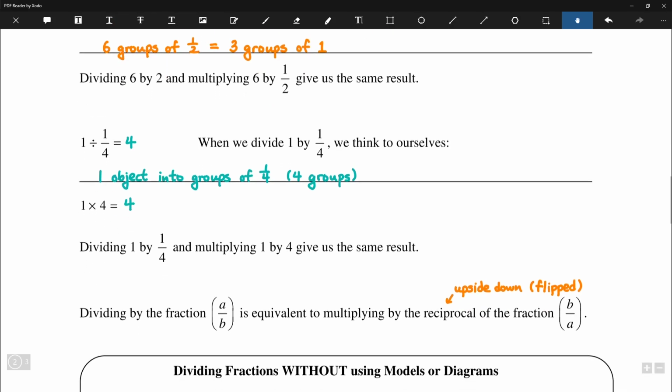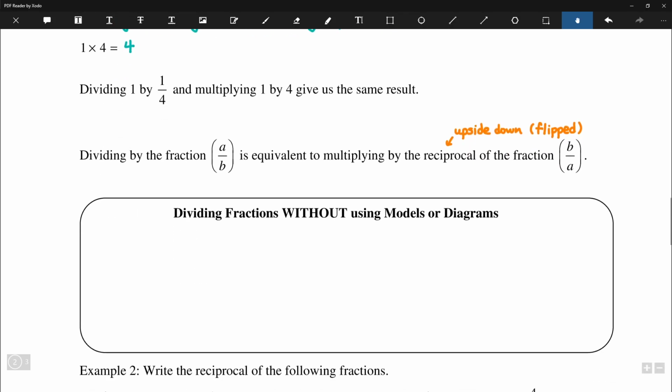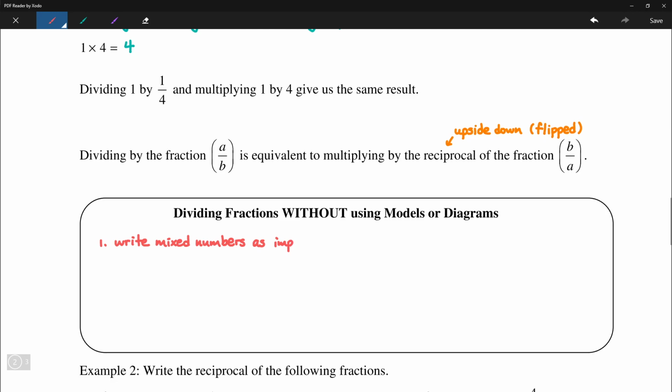Alright, so if we are dividing fractions without models or diagrams, which is what we did back on page 1, there are 4 steps. Step 1, write mixed numbers as improper fractions. Step 2, find the reciprocal.